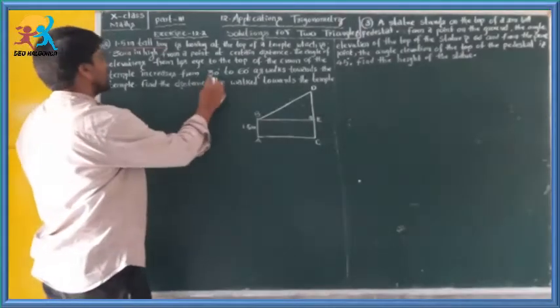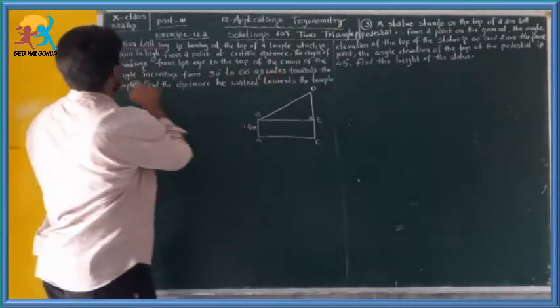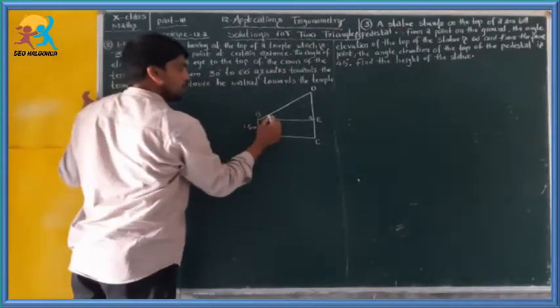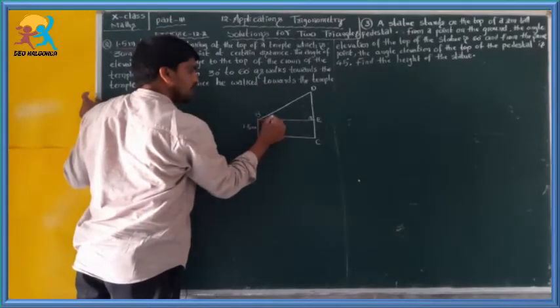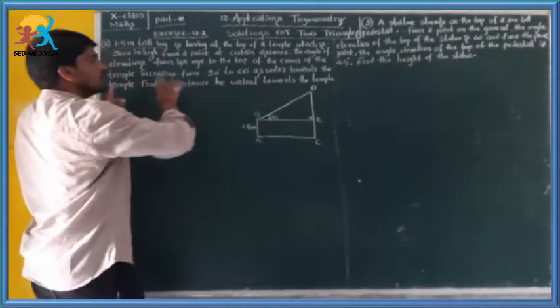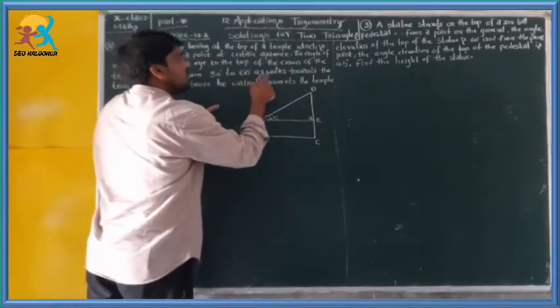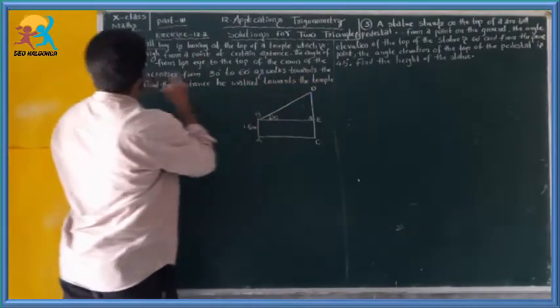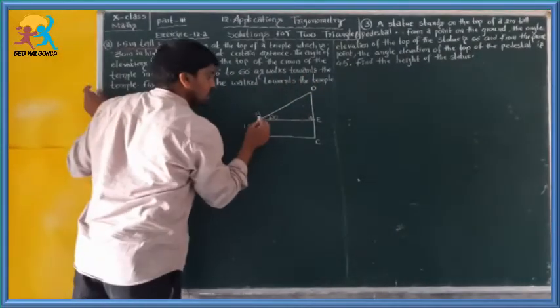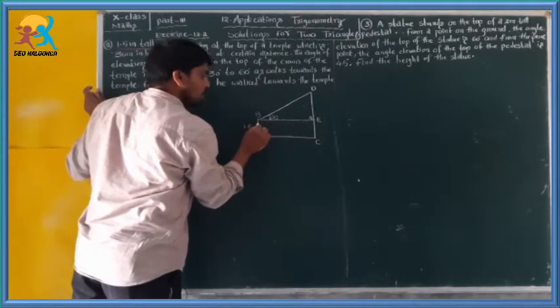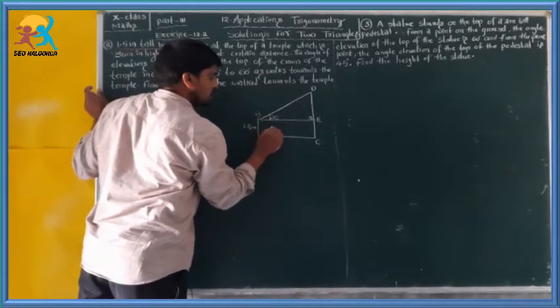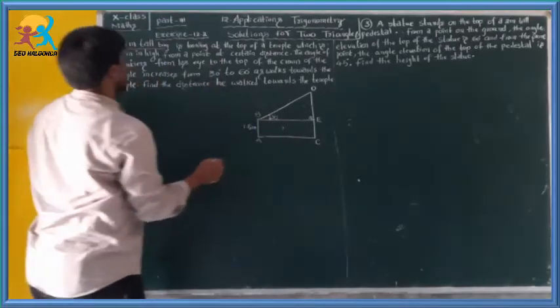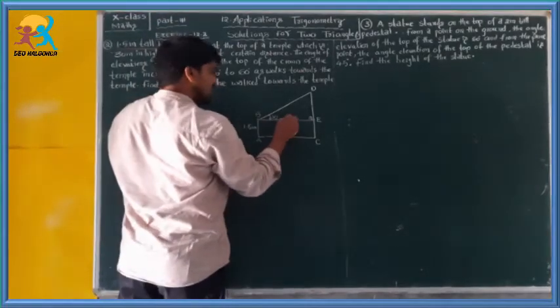The angle of elevation of the crown of the temple changes. First the angle of elevation is 30 degree and it changes from 30 to 60 as he walks towards the temple, a certain distance.